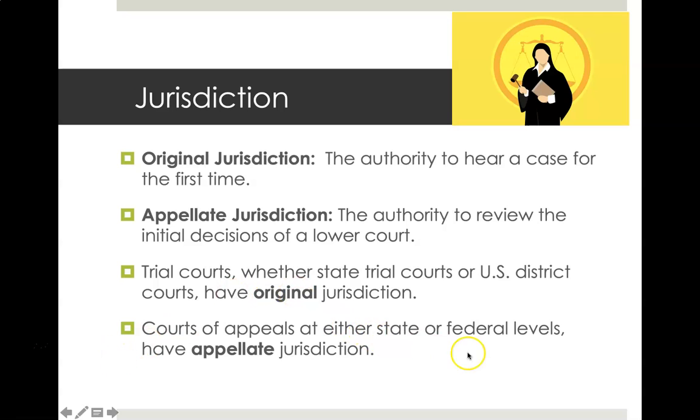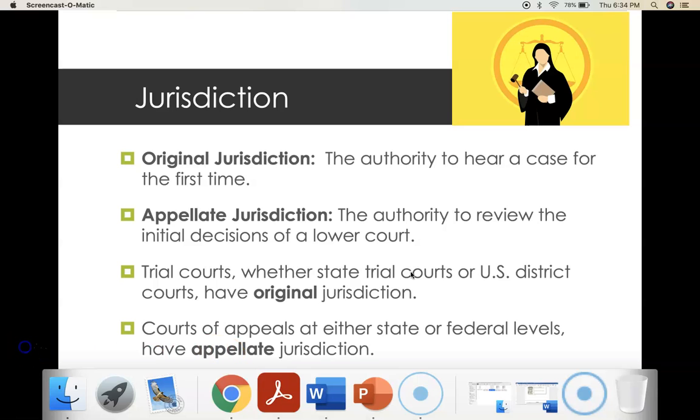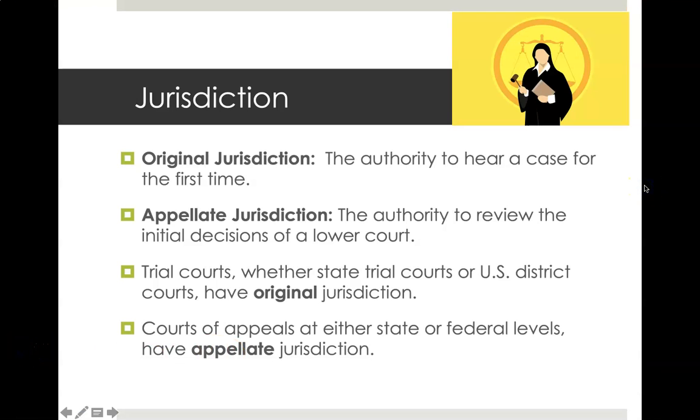Courts of appeals at either state or federal levels have appellate jurisdiction. So, for example, the state Supreme Court in Montgomery also has the power to appeal or overturn cases. And the same thing with the Supreme Court. They are the highest level of appellate jurisdiction because they are able to rule on cases or also appeal cases.